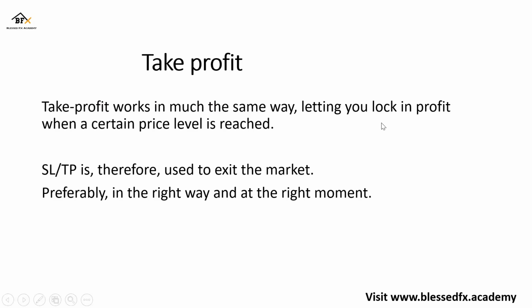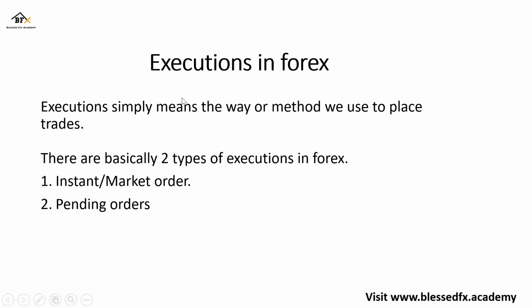It lets you lock in profits when a certain price level is reached. When the market reaches a certain position, you tell the broker to set your take profits. So with that being said, you can set this and even close your app. You can set it and even go offline, turn off your data or whatever, and the broker is going to obey. The trade is going to go according to how you automate it. So that is part of the automation in trading.